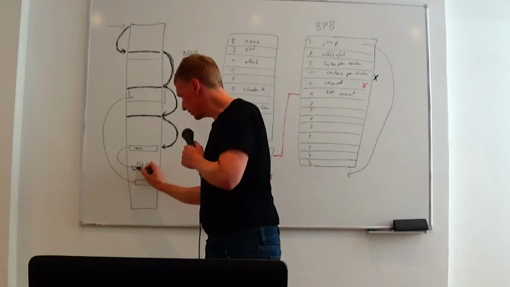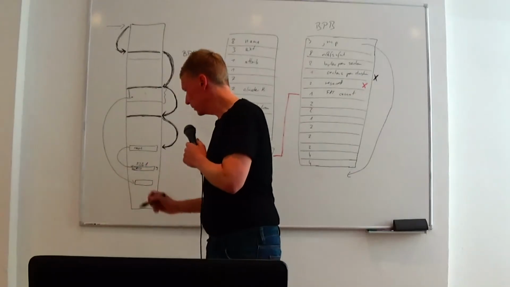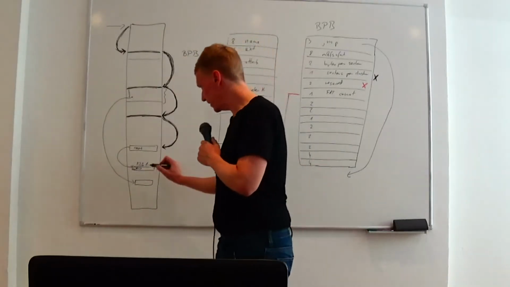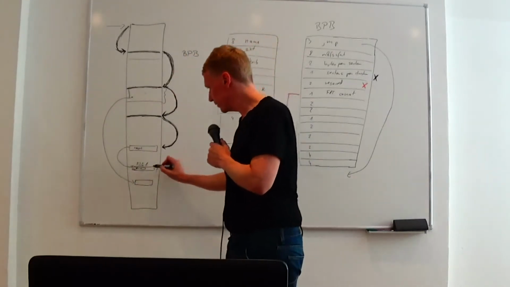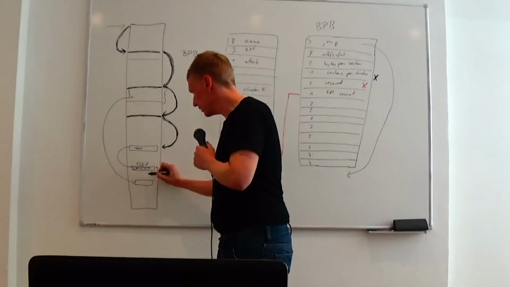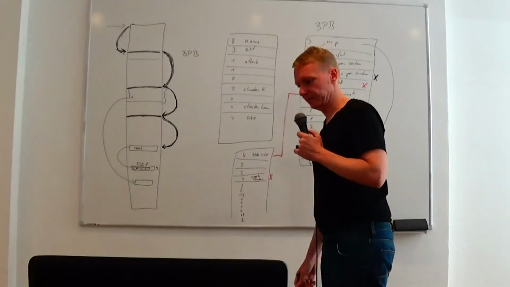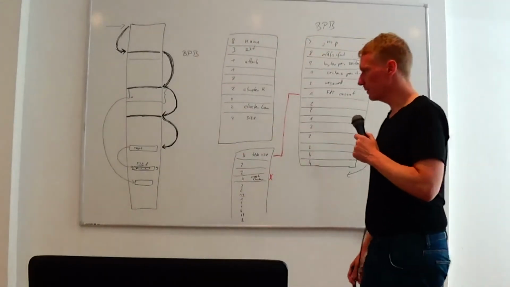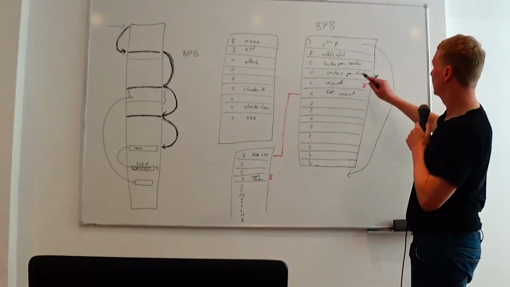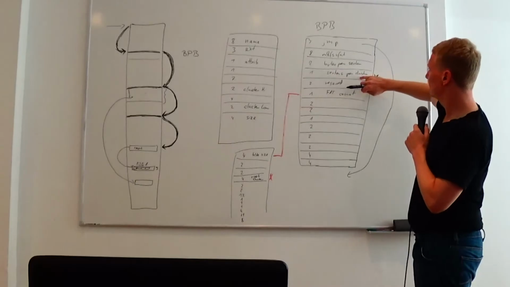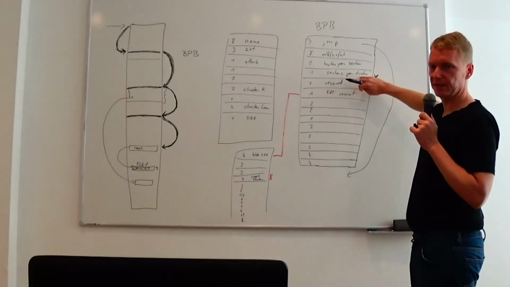Then the immediately following sector contains the next 512 bytes, the next sector after that, the next 512 bytes, the next sector after that, the next 512 bytes. Okay? But there's only this many sectors in a row belonging to the same file.